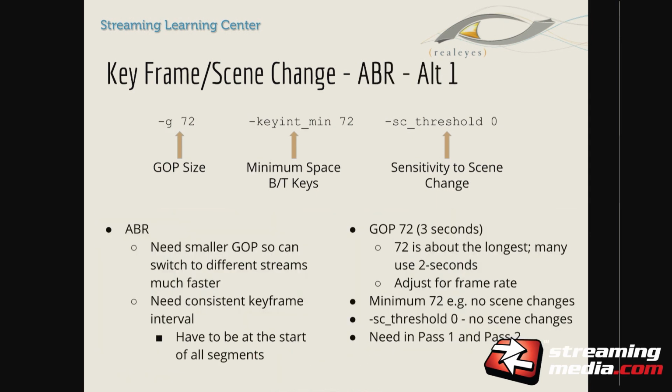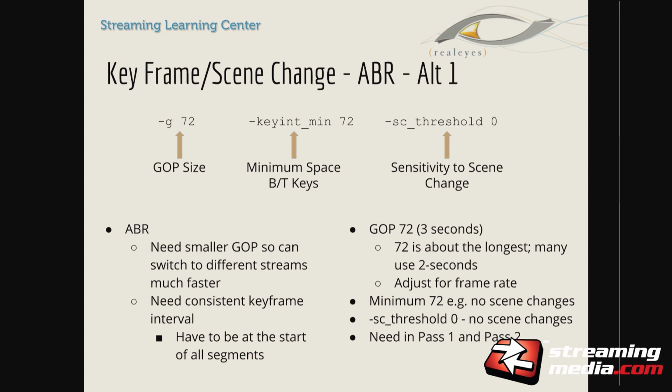What you do, and this is typically what I do, is I use a keyframe interval of either 2 or 3 seconds. Usually it's 2. I had all these cute Switch graphics, and I didn't want to go back and change them, so that's why I'm using 3. But what you do in FFmpeg is you say GOP size of 3 seconds, in this case it's frames, so you say GOP size of 72 for a 24 frame per second file.